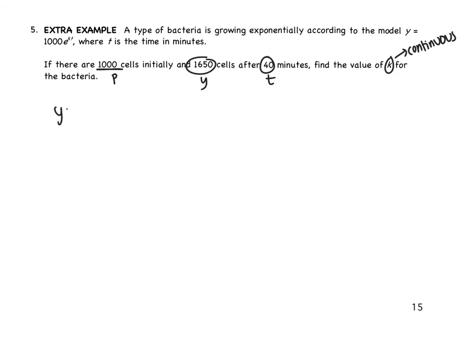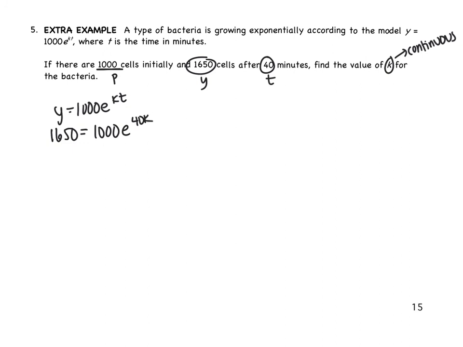So our model is y equals 1,000 e to the kt. If we're finding k, that means we need to know t and y, which is good because we have those here. After 40 minutes, this is how many remain. So that's what we're going to substitute in. We get 1,650 is equal to 1,000 e to the 40k.